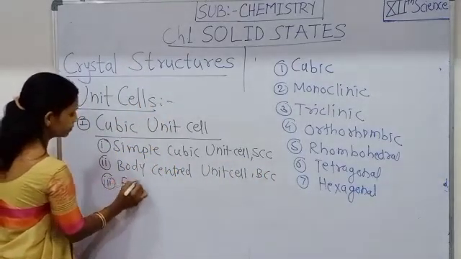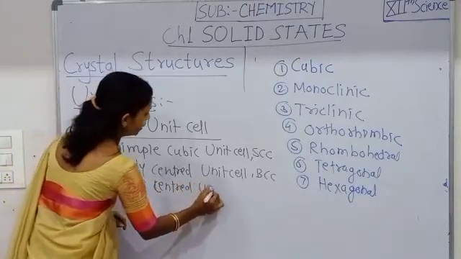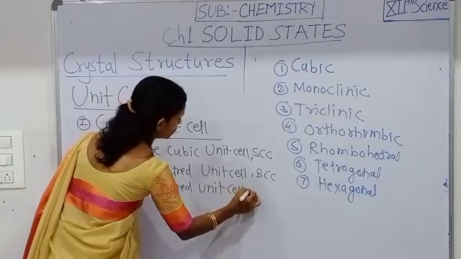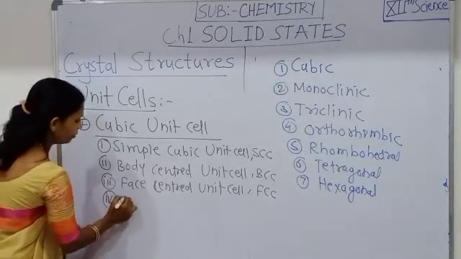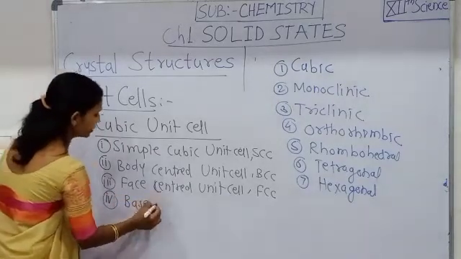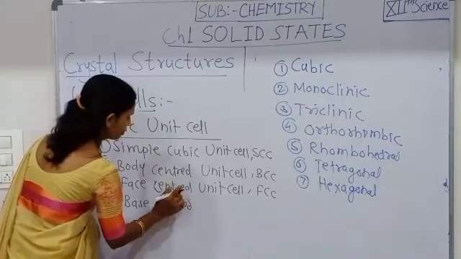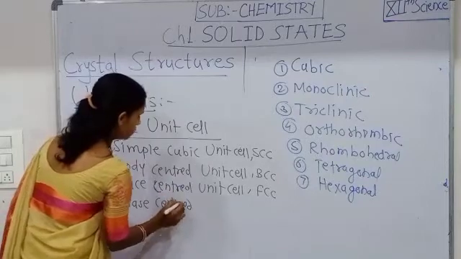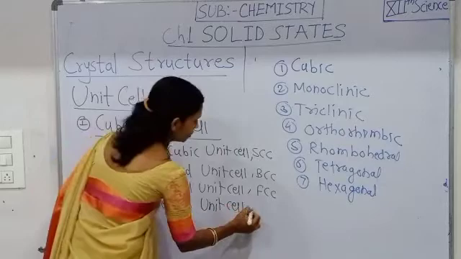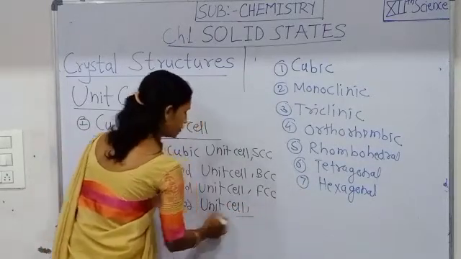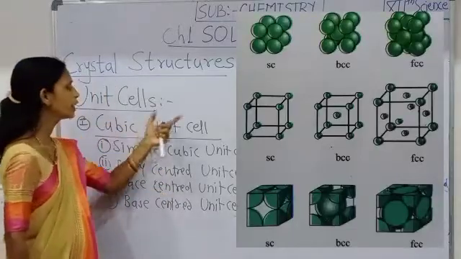Then the face centered unit cell, which is known as FCC, and the base centered or end centered unit cell. These are the 4 subtypes of the cubic unit cell.